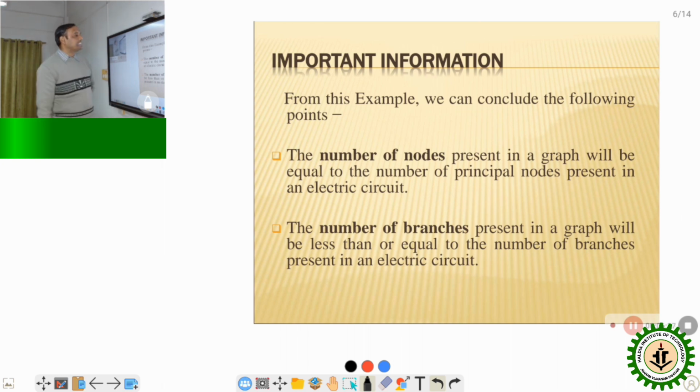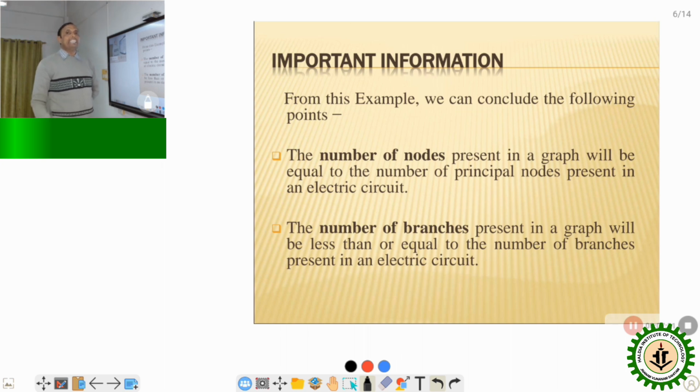The number of branches present in a graph will be less than or equal to the number of branches present in an electric circuit.